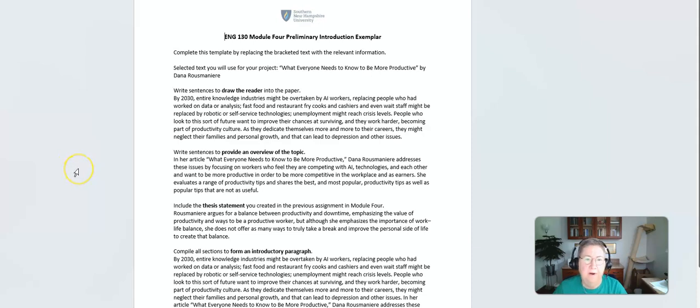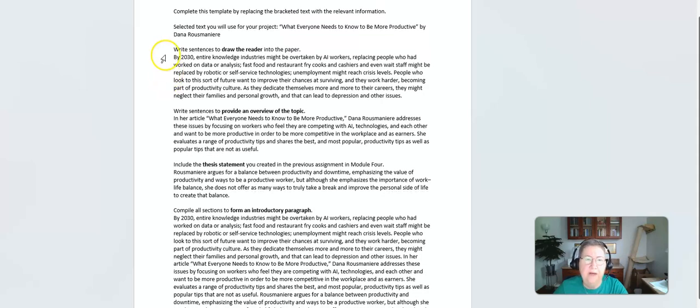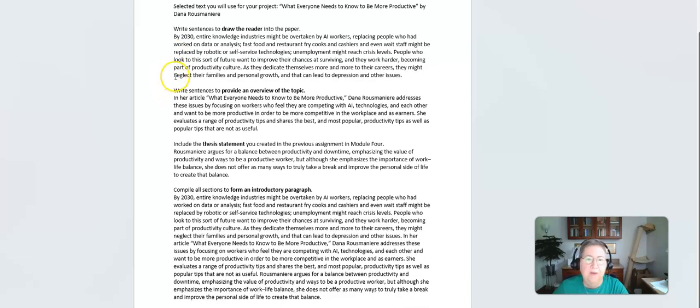We also have an exemplar, and notice that these are fairly lengthy responses, and you will need to be able to provide the same level of information that is shown here in the example. And it may require you going back to your original article, the article you chose in Module 1, and doing some deeper reading to find out what can I use from the article or the topic of the article to draw the reader in.